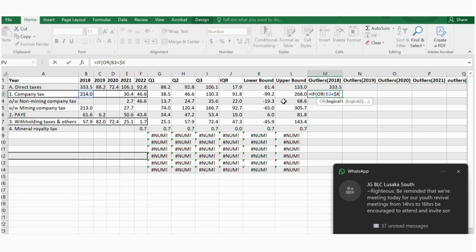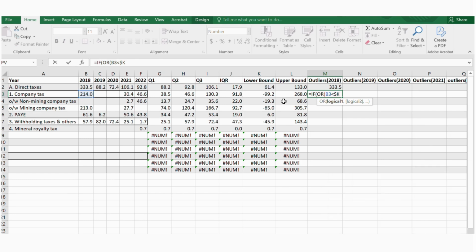We're going to look at cell K3 because that's our lower bound for company taxes, comma, if this cell B3 is greater than cell L3, which is our upper bound, right?